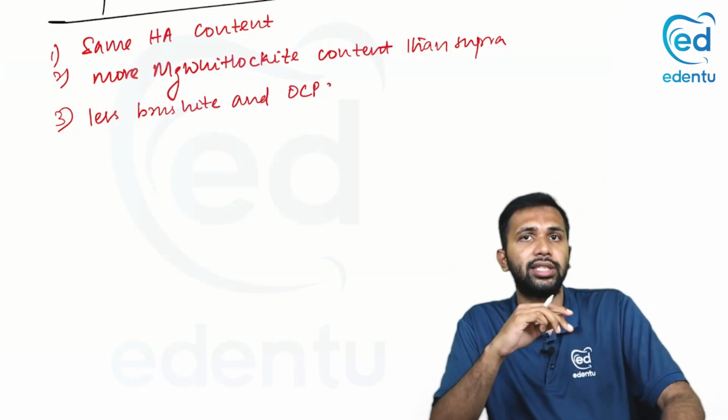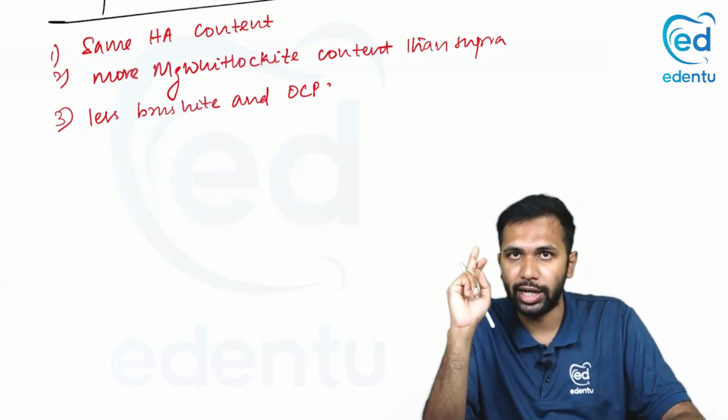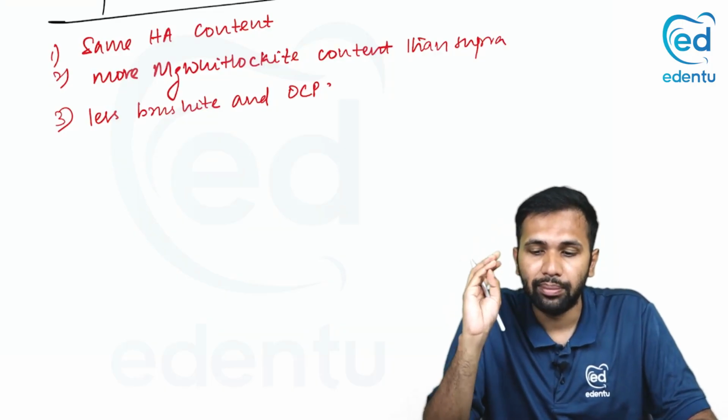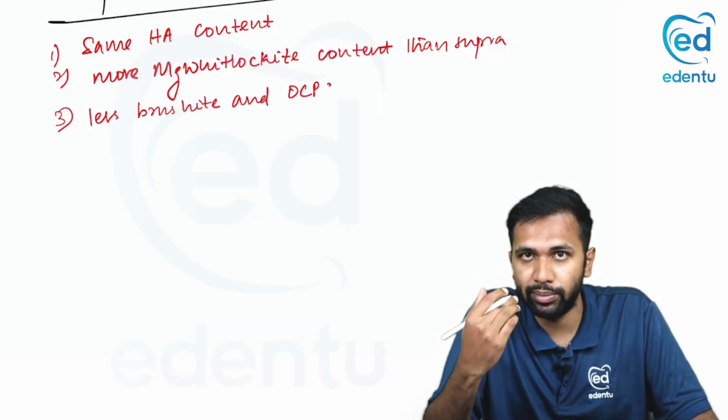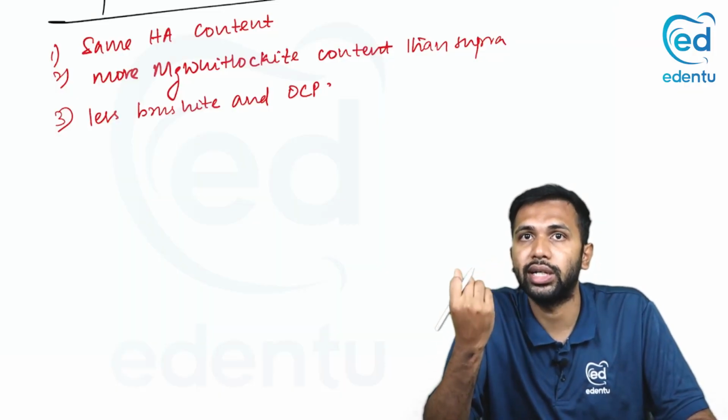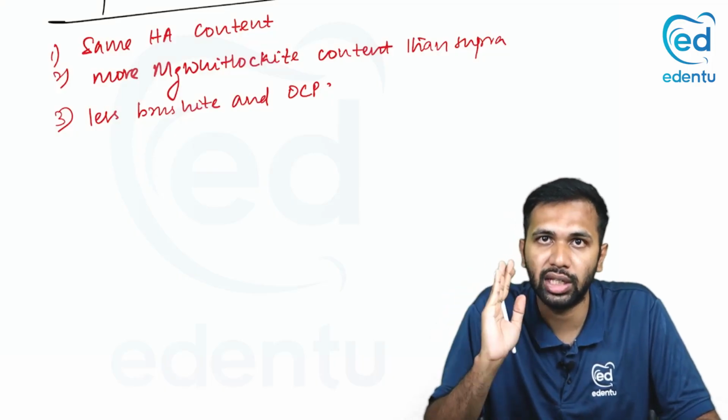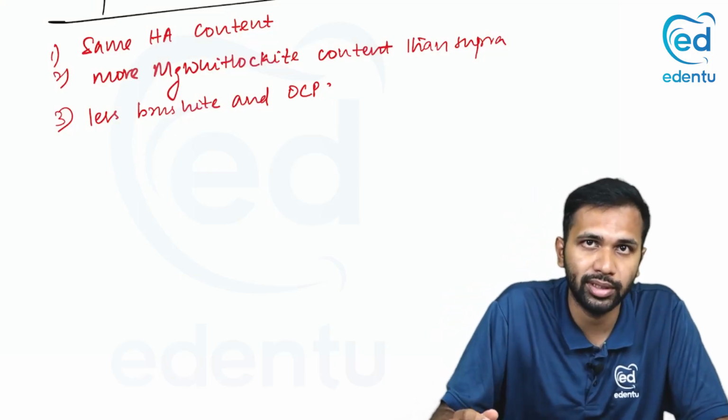These are the 3 points regarding subgingival calculus. Hydroxyapatite is the same, magnesium whitlockite is more, whereas octacalcium phosphate and brushite are found in reduced quantity when compared with the supragingival calculus. This is the feature of subgingival.